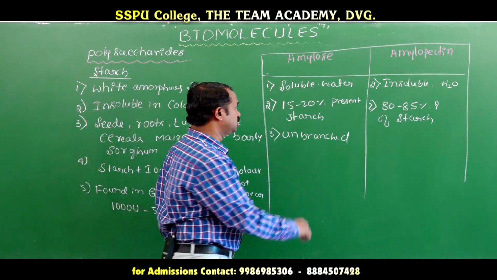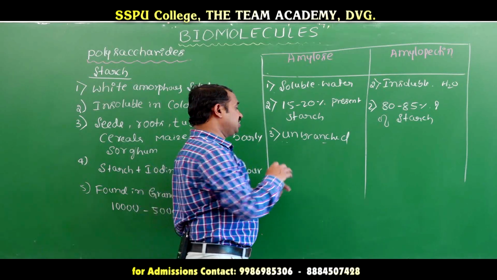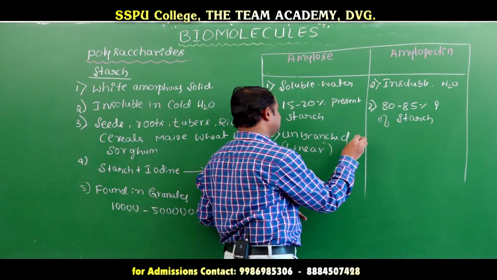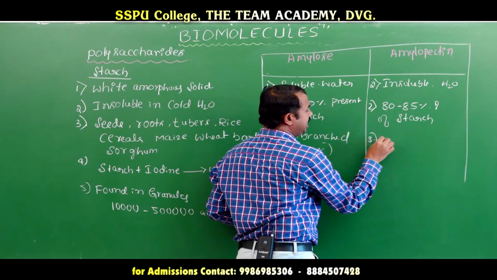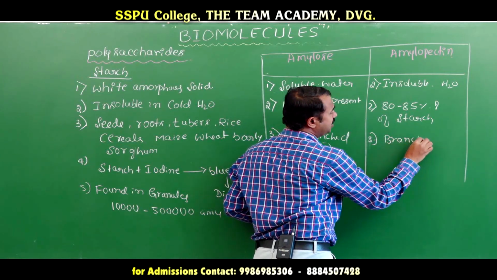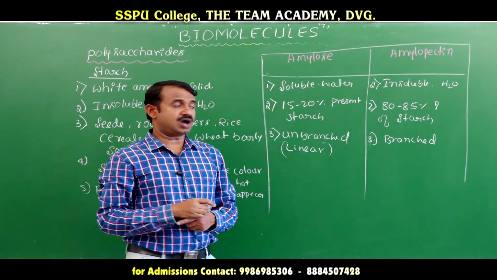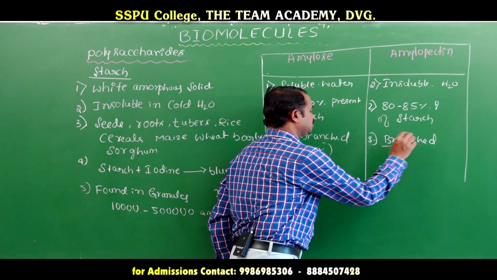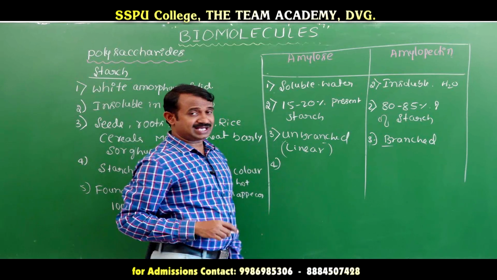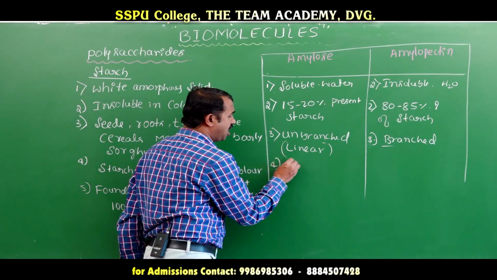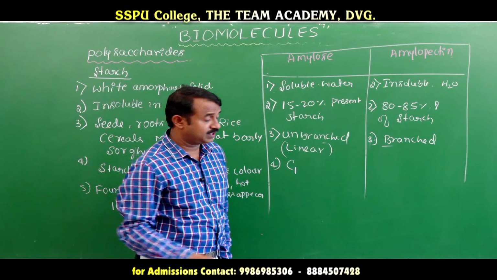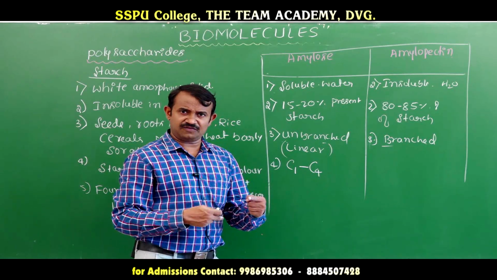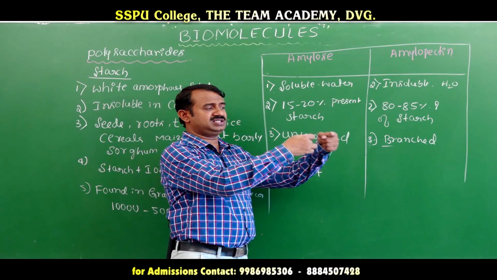But amylopectin is a branched structure of monosaccharide units. In the unbranched linear chain, C1 of one alpha glucose is linked to C4 of another alpha glucose: C1, C4, C1, C4.